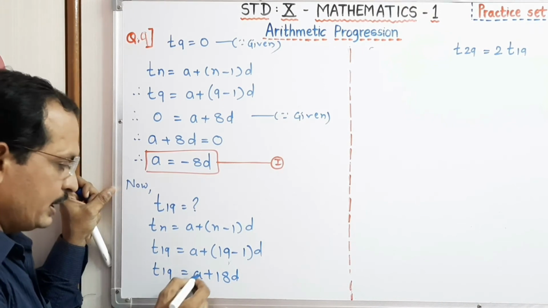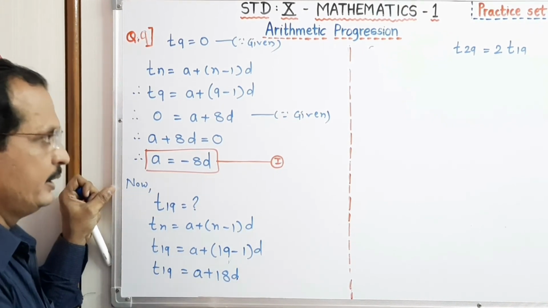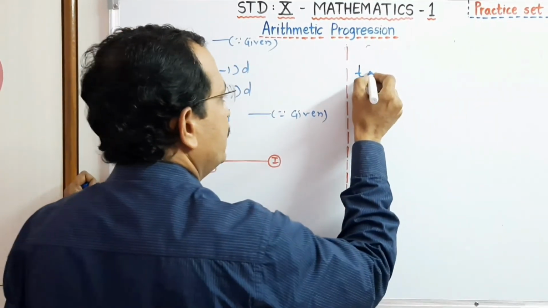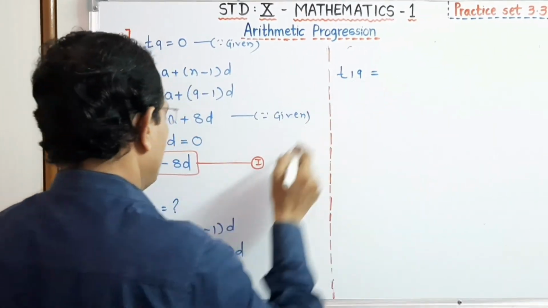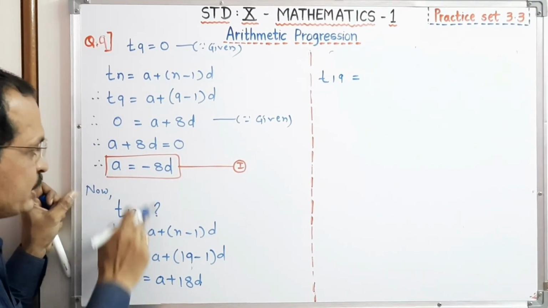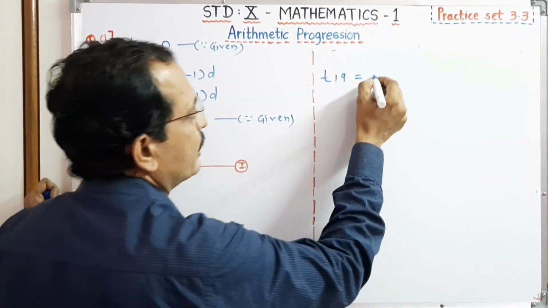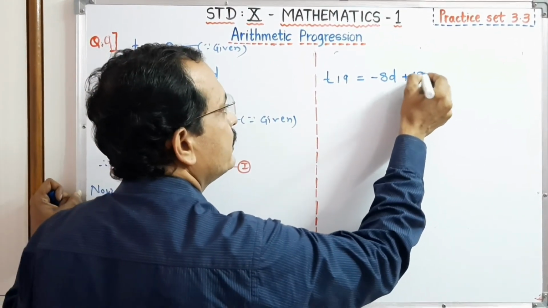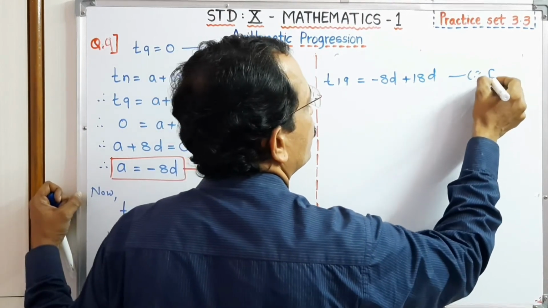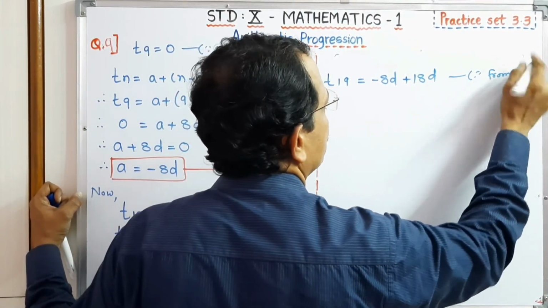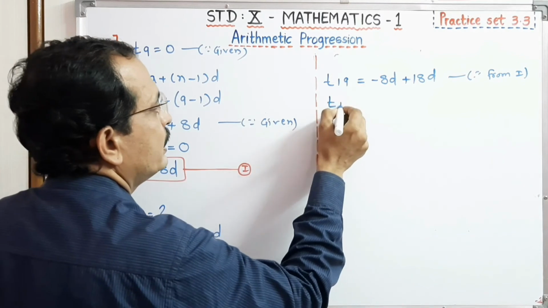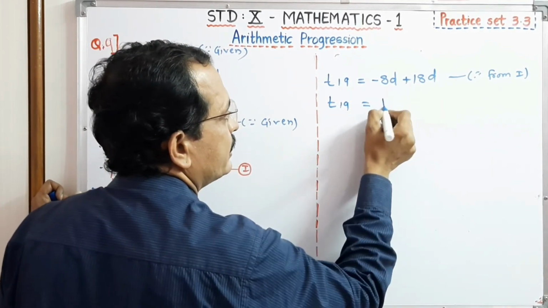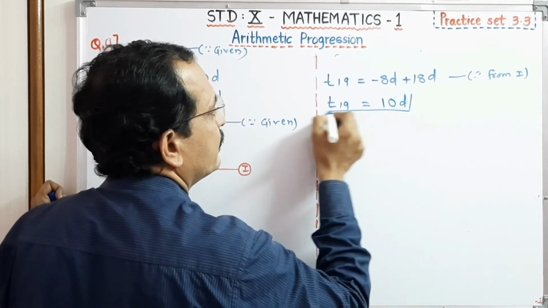Now see here, A means what? It is minus 8D. Therefore minus 8D plus 18D. Now see dear student, T19 is equal to minus 8D plus 18D, it is 10D.